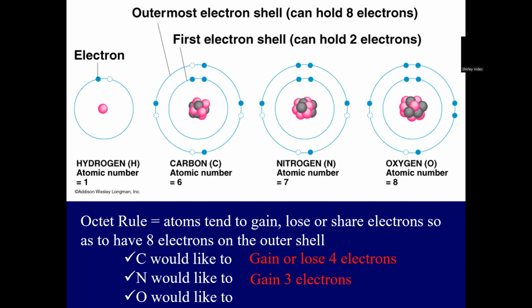Remember, this is what we're all looking for. And oxygen, which has 6, because it is in group 6A, would gain 2. And of course, the charges would be negative if you're gaining, and positive if you're losing.